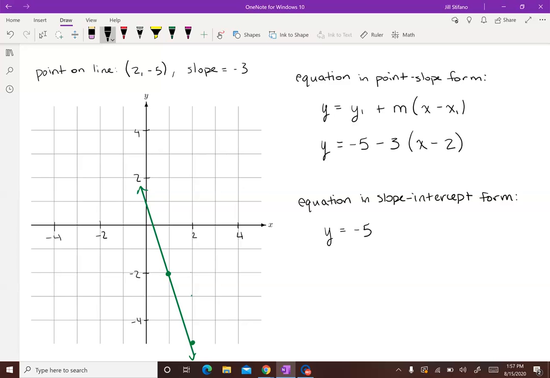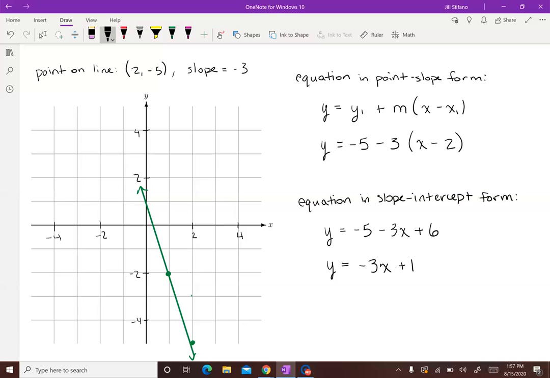So we have -5 minus 3x plus 6. And then we combine the numerical terms to get y equals -3x plus 1. Great, so this is our equation in slope-intercept form.